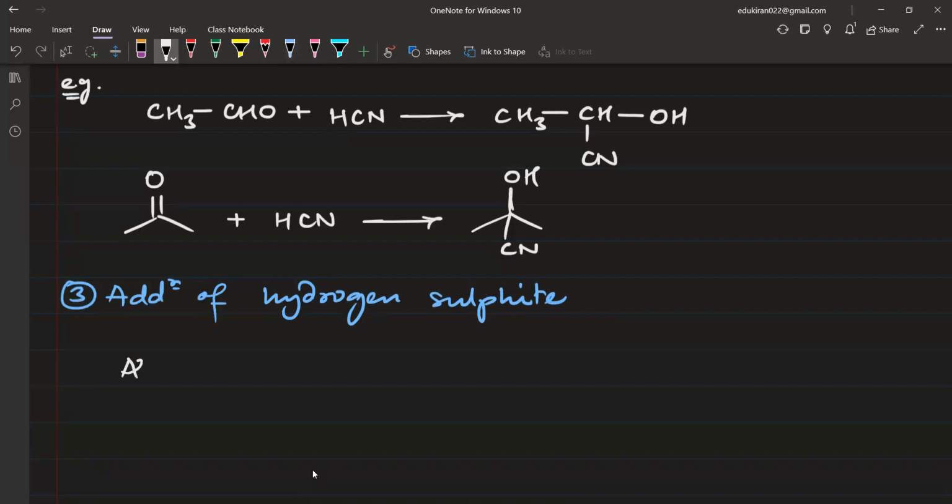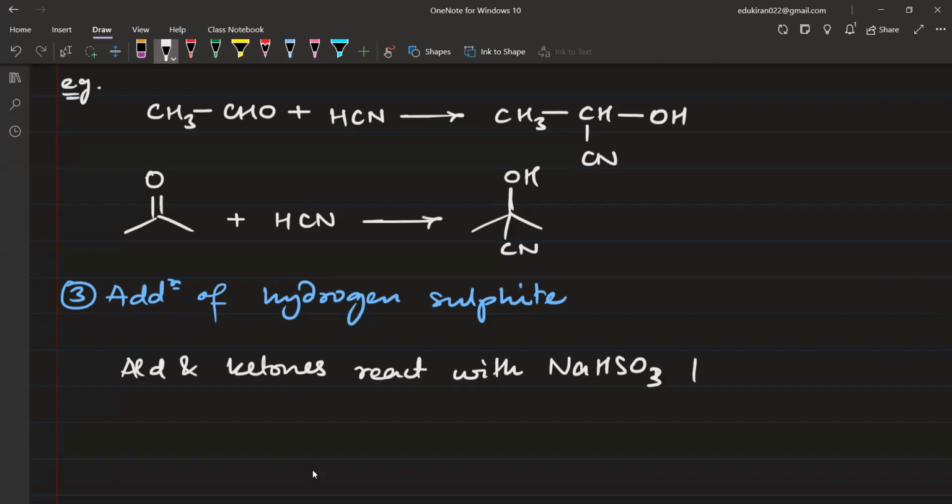First of all, write the statement: aldehydes and ketones react with NaHSO3 to form bisulfite addition product. Bisulfite addition product.